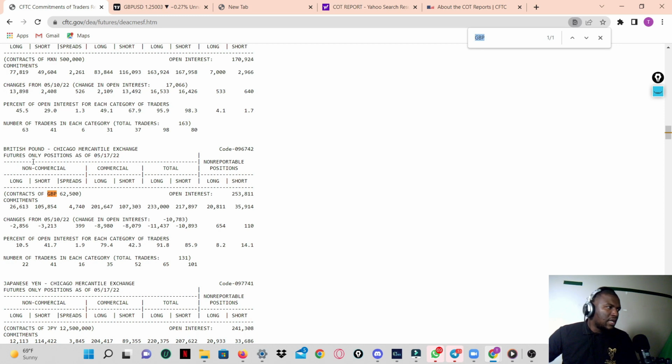So when we come to the British pound, guys, we have the non-commercial and we have the commercial, and we have the long and short and spread. You understand? When I'm explaining the non-commercial, I'm talking about us as retail traders, and when I'm talking about the commercial, I'm talking about the big banks, the hedge funds.